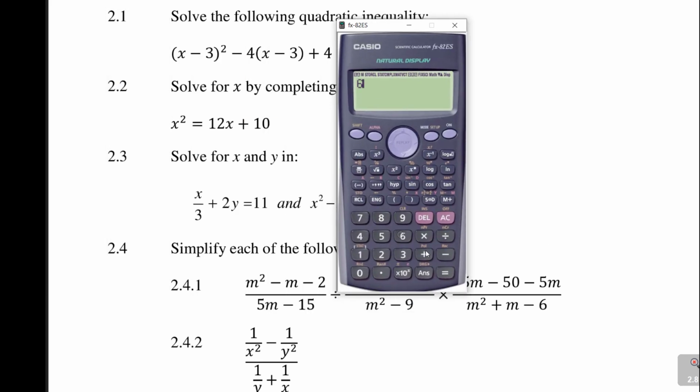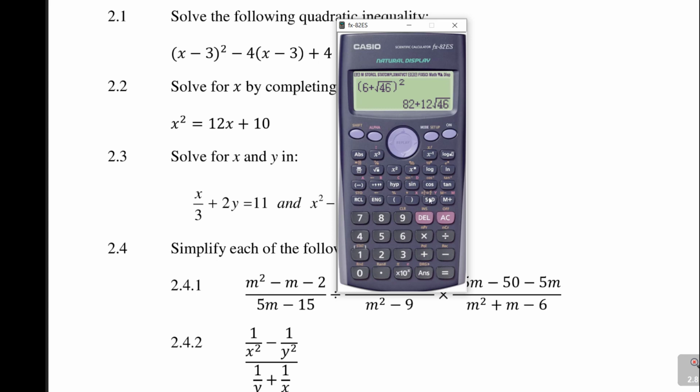Remember, it's x squared, so it will be bracket 6 plus square root of 46, then that is squared.